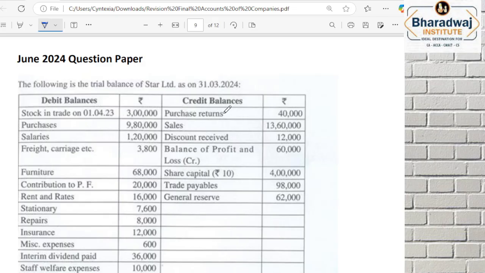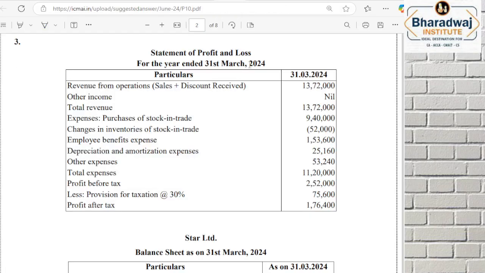Next, in the June 2024 question paper or assessed answers, we will see the main content alone. Sales 13 lakh 60 plus discount received 12,000, 13 lakh 72,000.